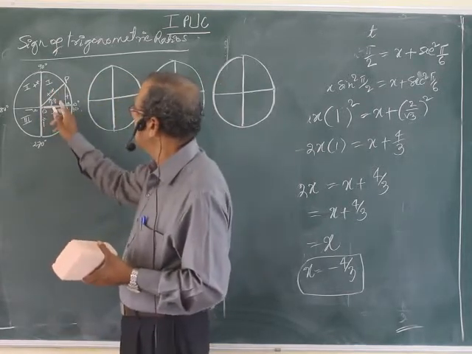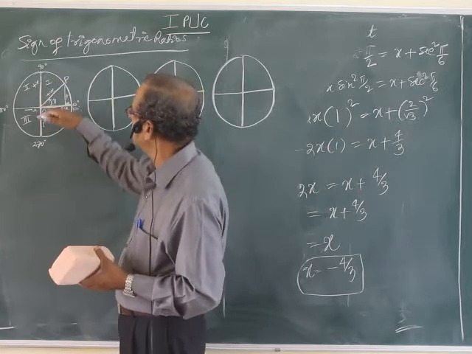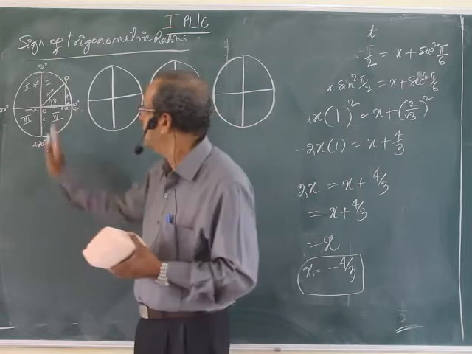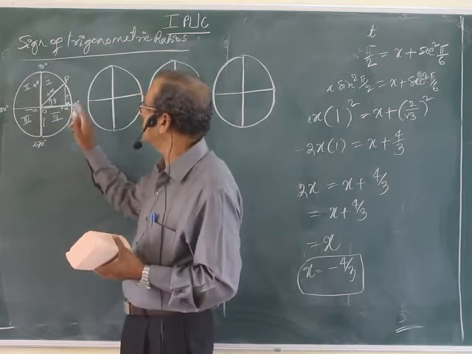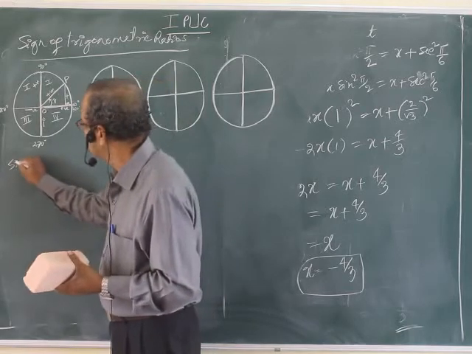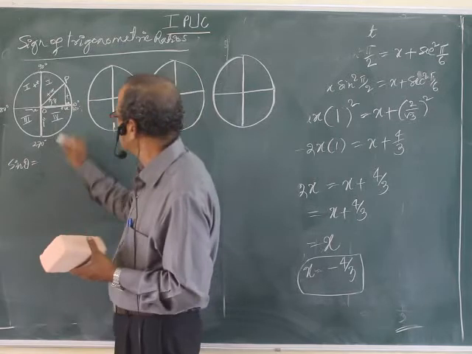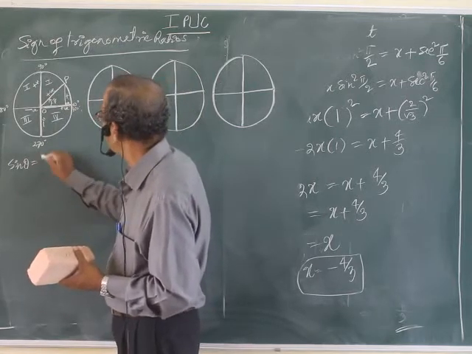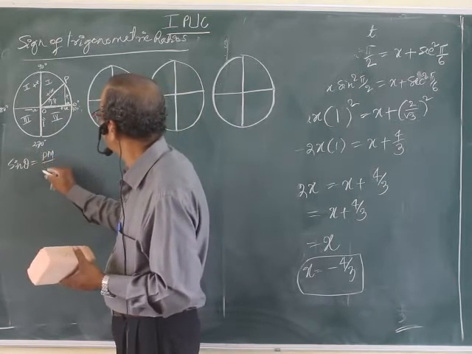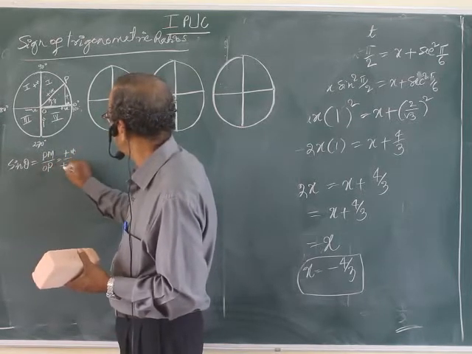In this triangle, angle in between 0 to 90, opposite side positive because above y-axis positive. Right hand side is also positive, OM is also positive. Therefore, sin theta in the first quadrant, opposite side positive, or let me write first, PM divided by OP, positive by positive, plus.